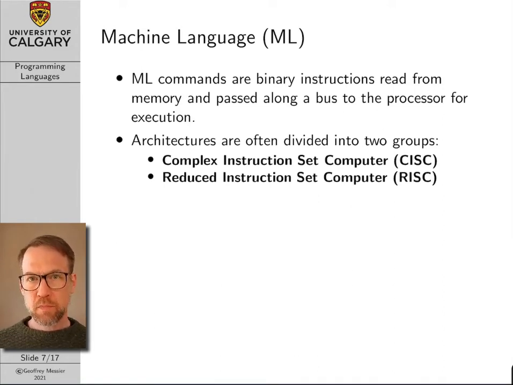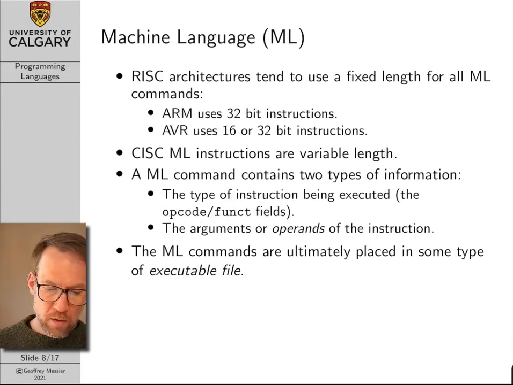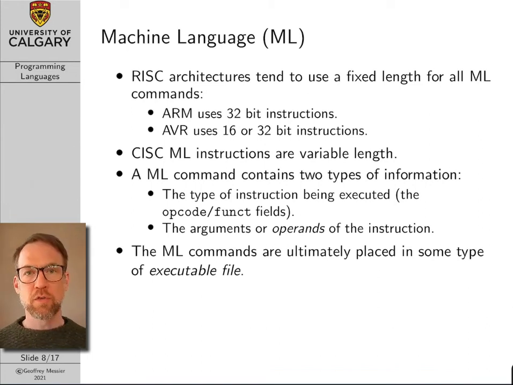And when we look at architectures from the machine language perspective, we can divide architectures into two very broad categories: complex instruction set computers, or CISC computers, and reduced instruction set computers, or RISC computers. So RISC architectures tend to use fixed length machine language instructions. And the architectures that we're going to be talking about in this class, ARM and the AVR architecture, are both RISC architectures.